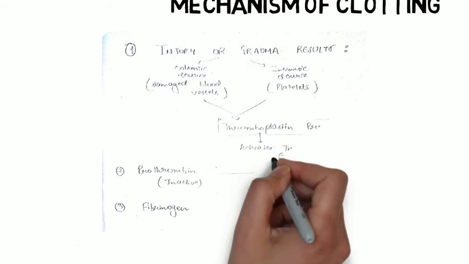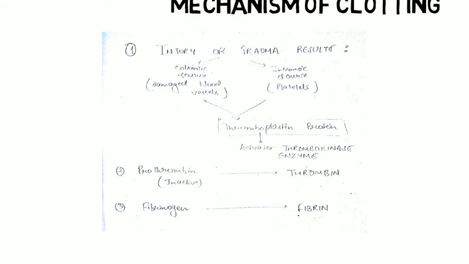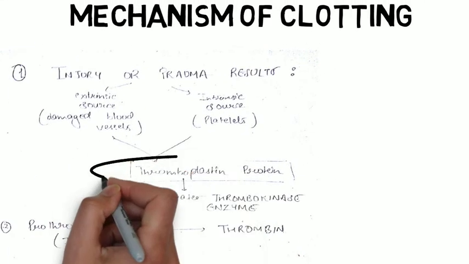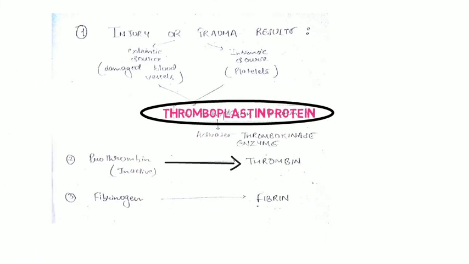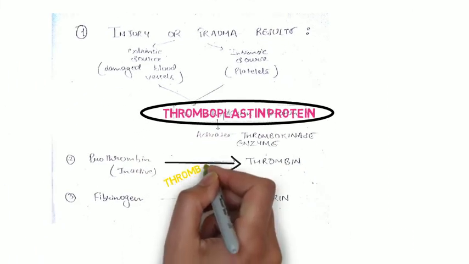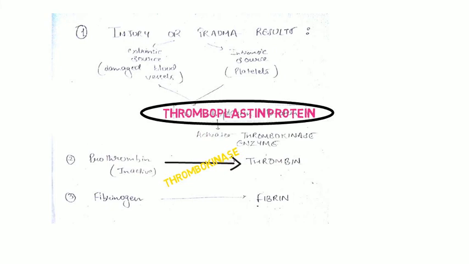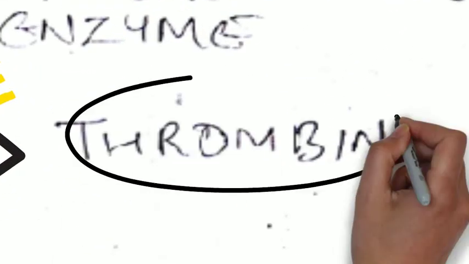Mechanism of blood clotting. First is injury or trauma, which results in extrinsic and intrinsic sources, which trigger thromboplastin protein. This thromboplastin protein further activates the thrombokinase enzyme. This enzyme is responsible for converting prothrombin into thrombin.